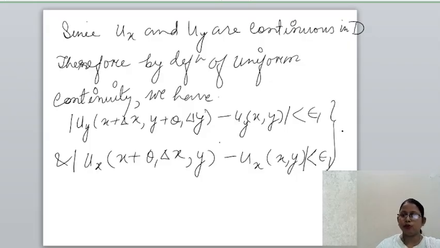Call this equation 2. This is from the definition of uniform continuity.